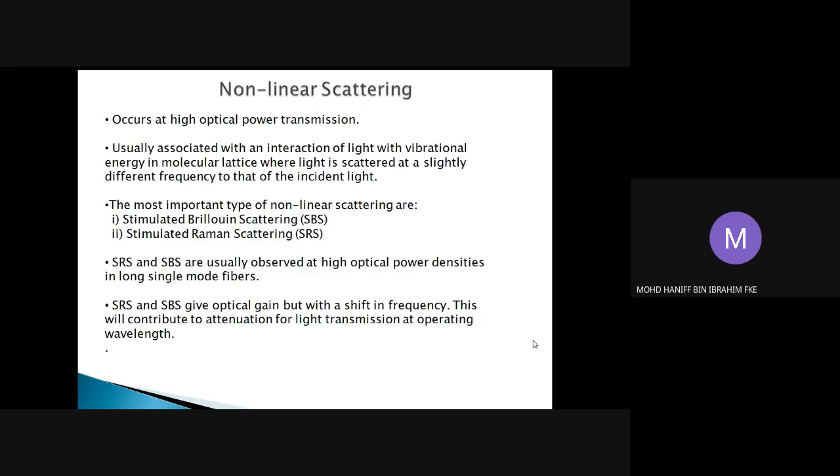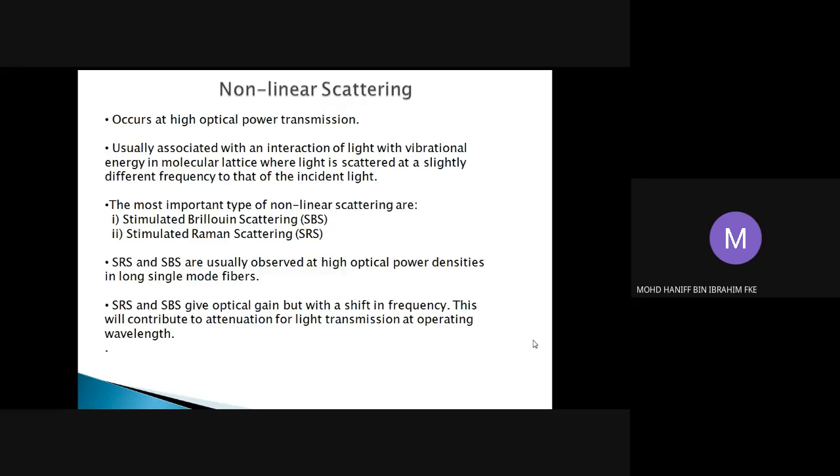That is why SRS and SBS are dominant in laser transmission, which is particularly used in the single mode fiber. The good thing about SRS and SBS is that they give optical gain, meaning they amplify the signal.